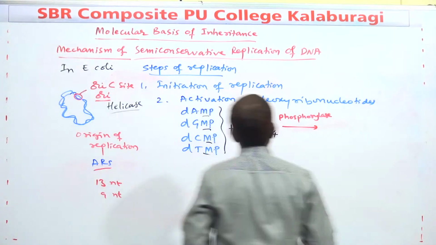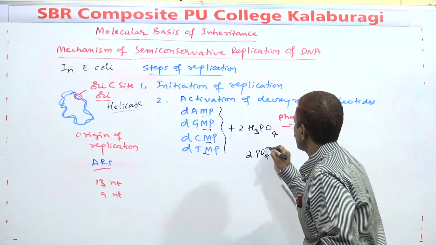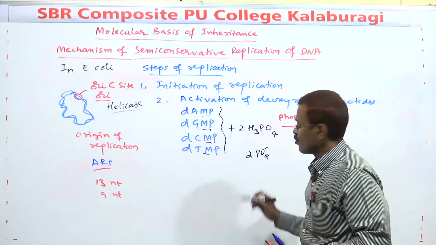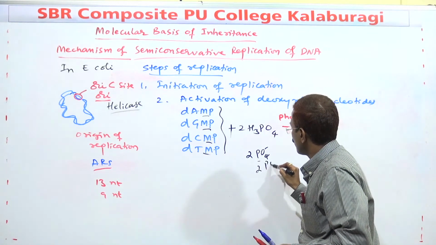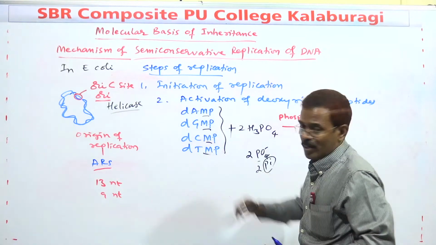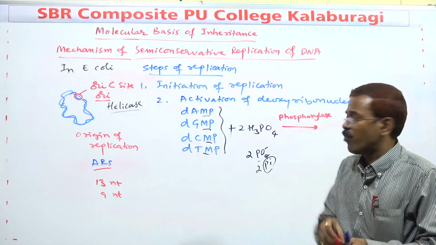So what happens here? Two phosphate groups will be added to the monophosphate form. When two phosphate groups are added, what do they get converted into? They will be converted into the triphosphate form.